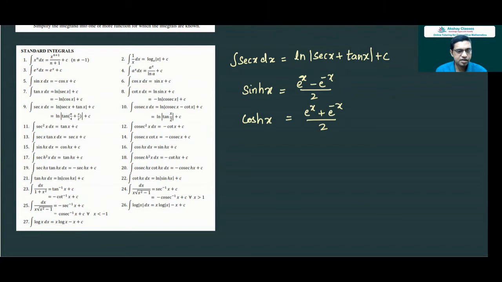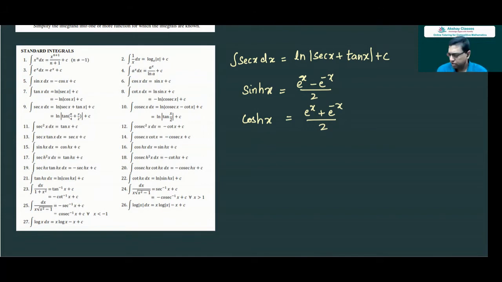And integral of secant hyperbolic square x is tan hyperbolic x. Cosecant hyperbolic square x is minus cot hyperbolic x. Secant hx tan hx is minus secant hx, and integral of cosecant hyperbolic x cot hyperbolic x is this.